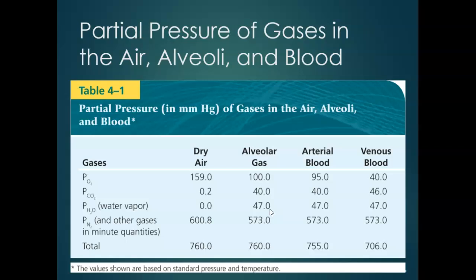Because water vapor is a molecule, so it adds to that gas mixture. Okay. Then it gets into the arterial blood, gets dropped off at the tissues, and then comes back to the lungs where we're deoxygenated, venous blood, and our venous blood has more CO2 because it picks up the CO2 from the tissues.